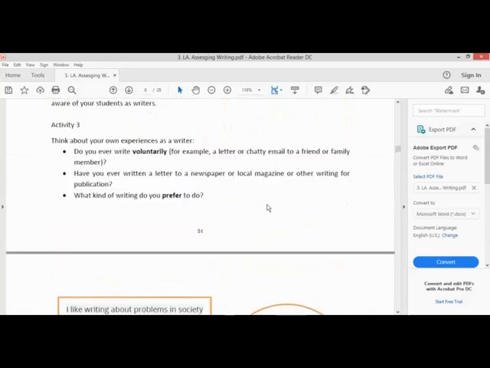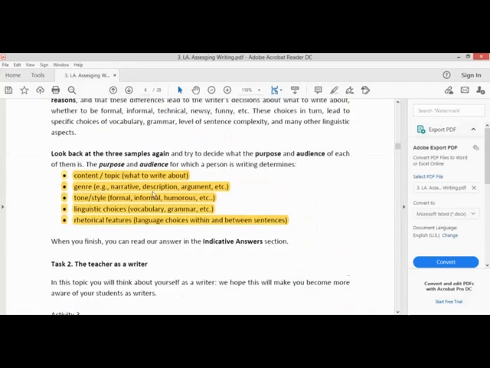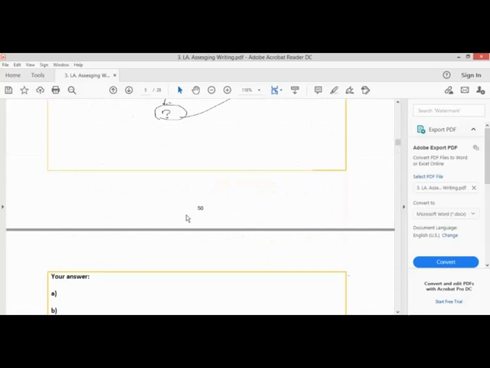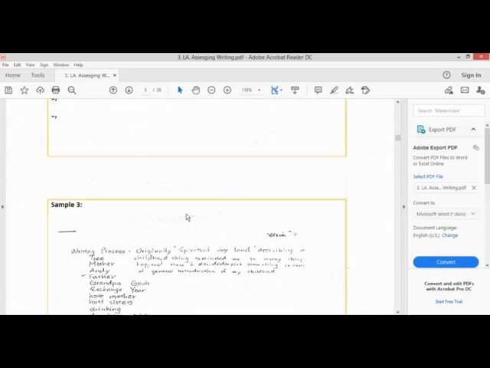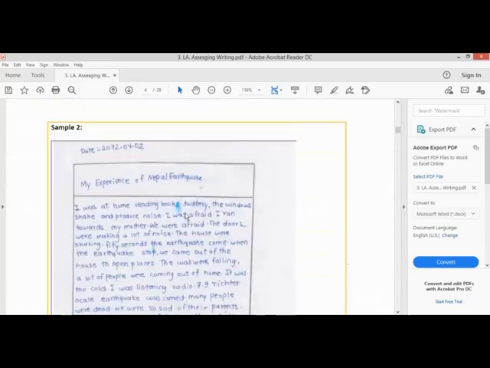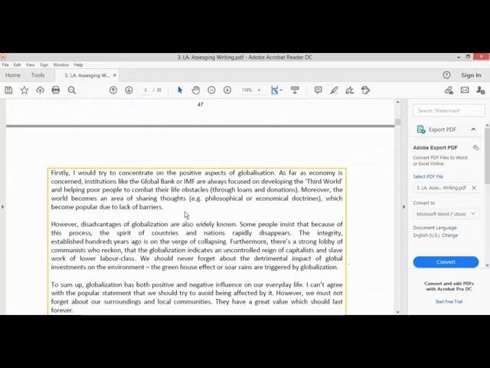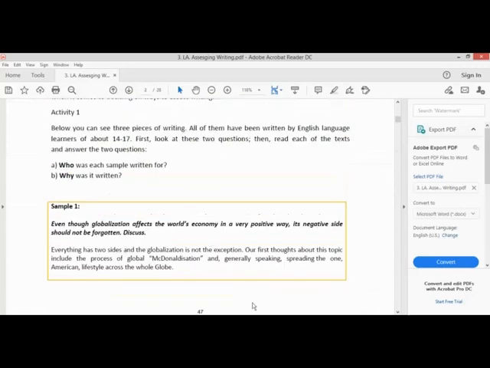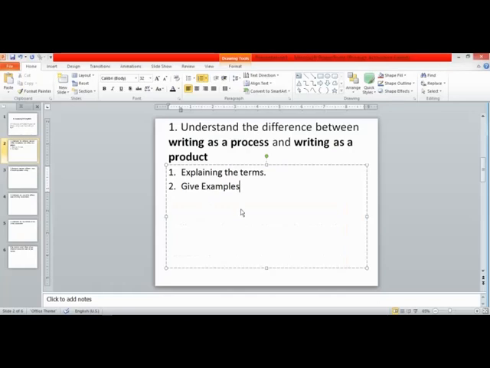Explain the examples. Okay, that is all.